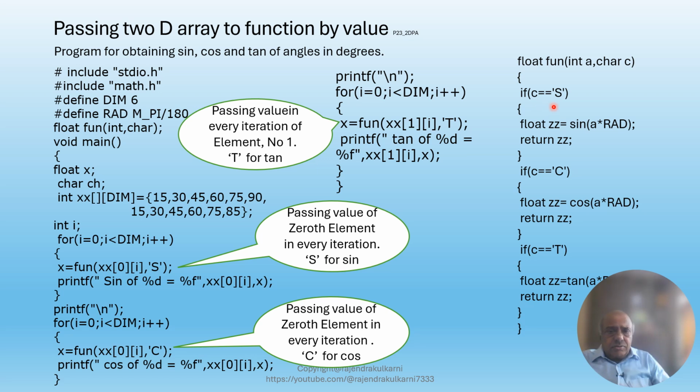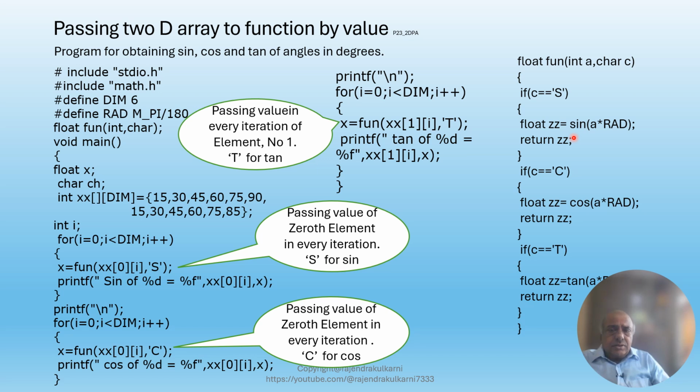If C is equal to S, when we pass S as one of the characters, this if statement will be executed, because C is equal to S. Then ZZ is a float variable declared in our function fun.